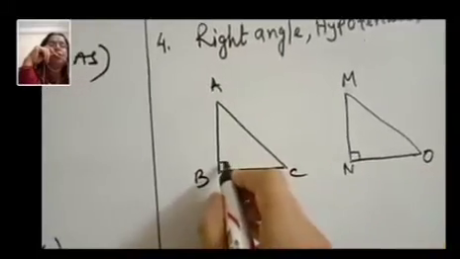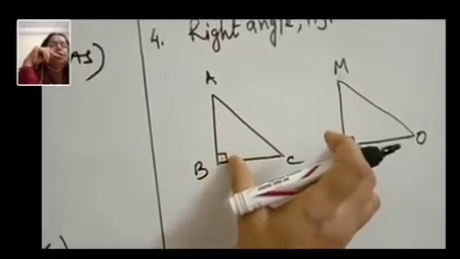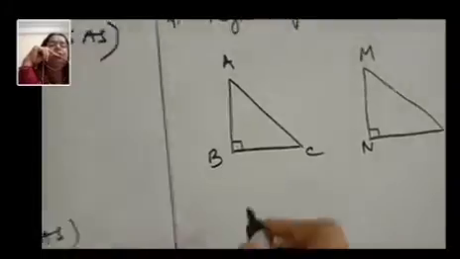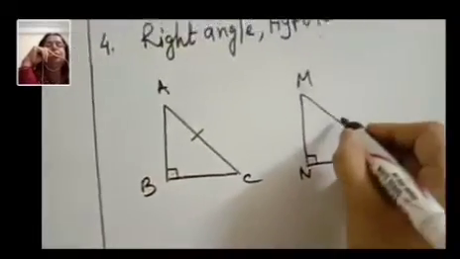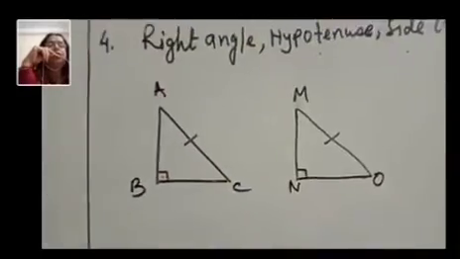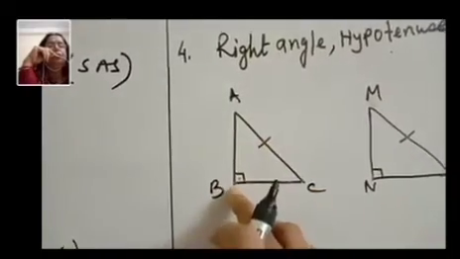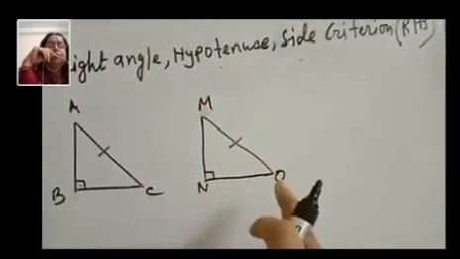Right angle B is equal to right angle N, because both are 90 degrees, so they will be equal only. And the hypotenuse, the side opposite to the right angle: AC is equal to MO.